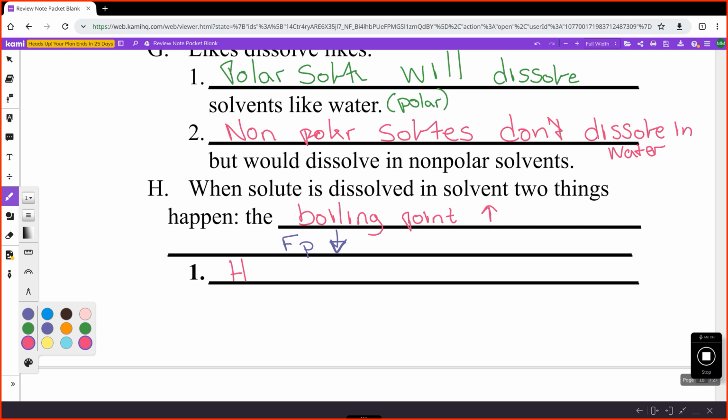And the higher the concentration of the ions, the more molarity or the more ions or however you want to measure concentration, if a solution has a higher concentration of ions, we will get a greater effect on the melting point and on the boiling point.